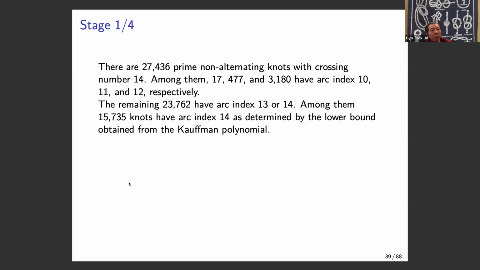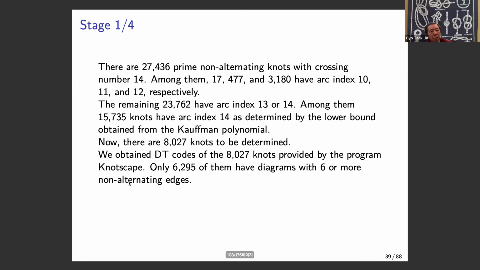And among them, 15,735 knots have arc index 14, as determined by the lower bound obtained from the Kauffman polynomial. So there are 8,027 knots to be determined, whether they are of arc index 13 or 14.